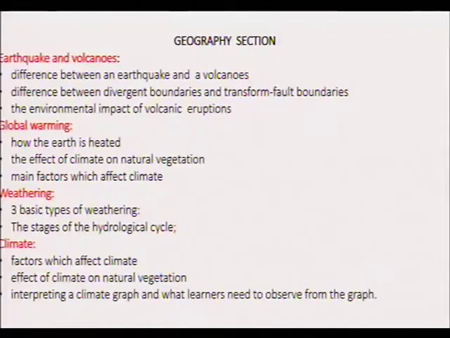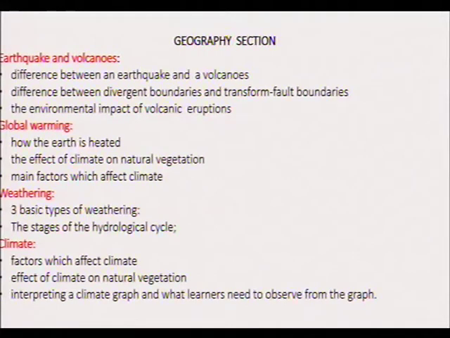Now, the first section is the geography section. The geography section covers a lot of issues around geographical aspects, related to earthquakes and volcanoes, global warming, weathering, and climate. Under each section, for example earthquakes and volcanoes, it's important that you know the difference between a volcano and an earthquake.